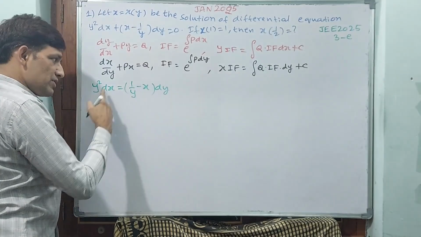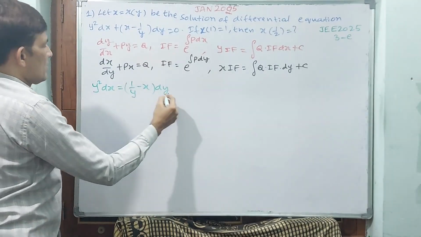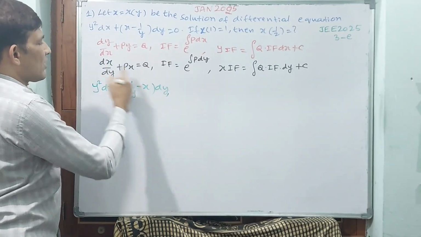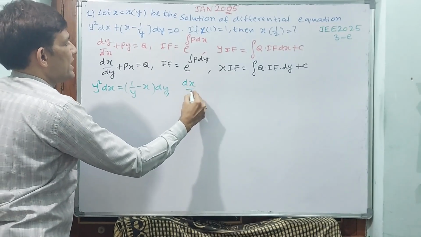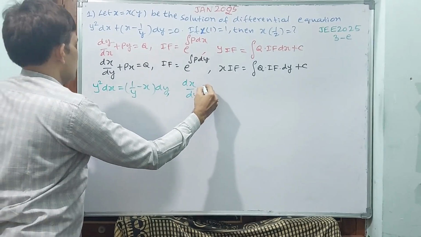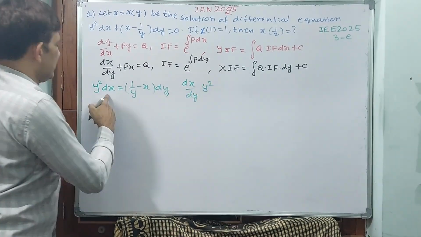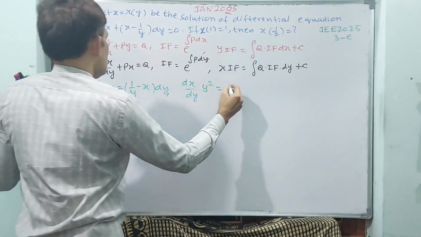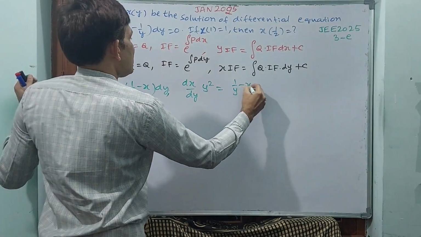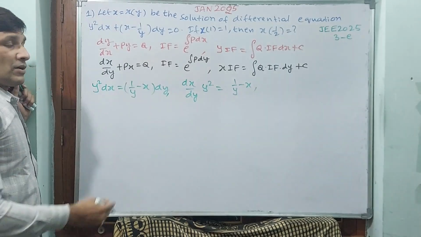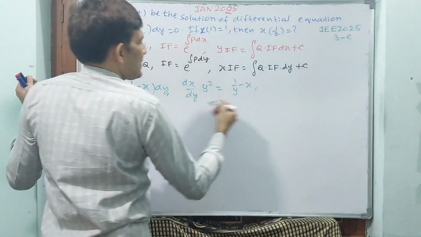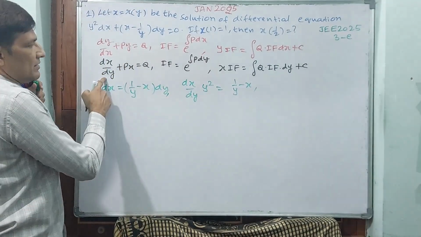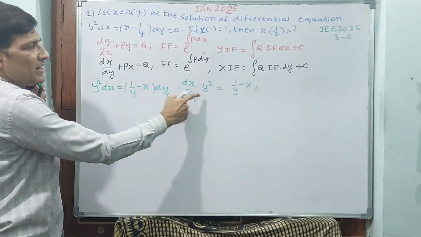Now I am sending this side dx by dy. Why? Because for this formula I want to take dx by dy into y square is equal to 1 by y minus x. You divide with y square. Why? Because I want only dx by dy, and along with dx by dy I should not want this.